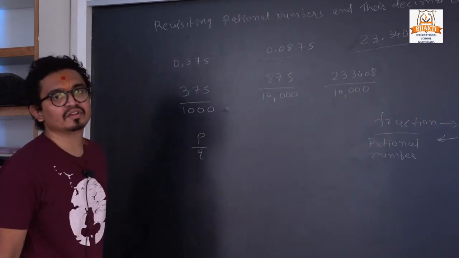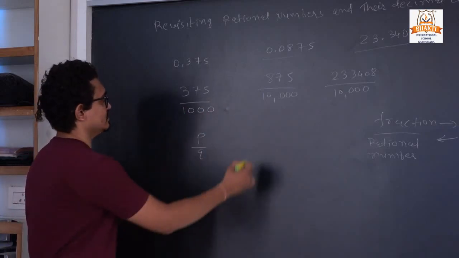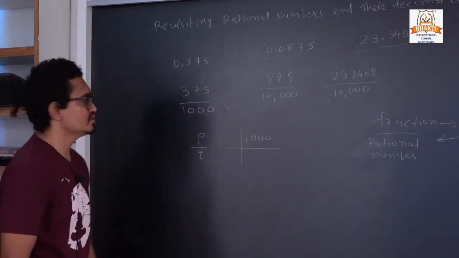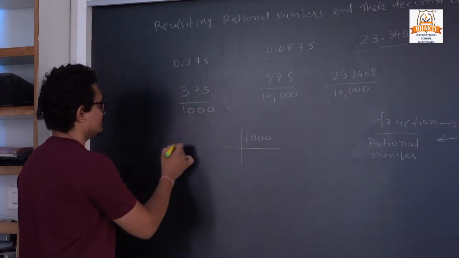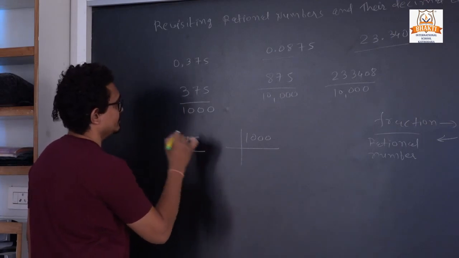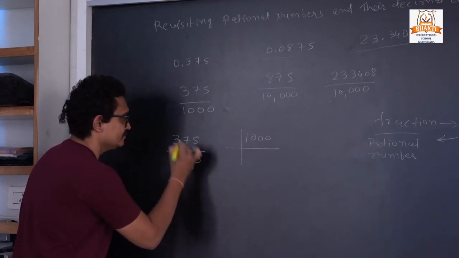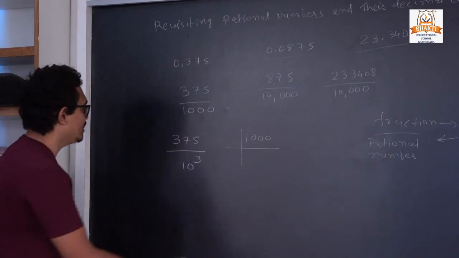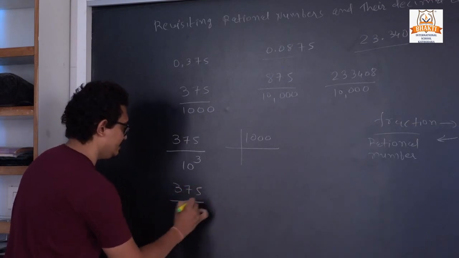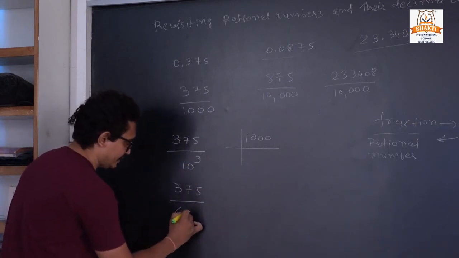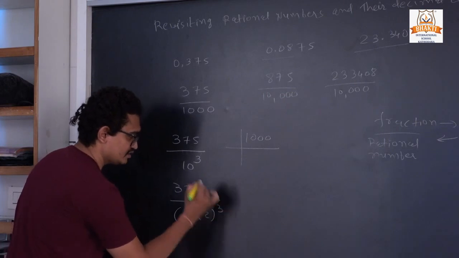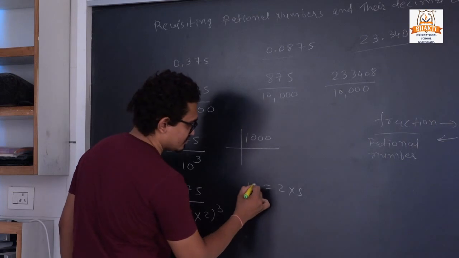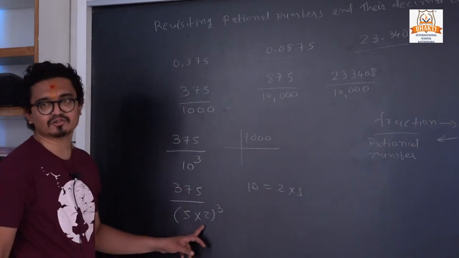Now I am taking the fraction of 1000. 1000 means 10 raised to 3. Now once again, the factor of 10 will be 2 into 5, all raised to 3, because 10 is equal to 5 times 2. So 10 is replaced with 2 into 5 or 5 into 2.